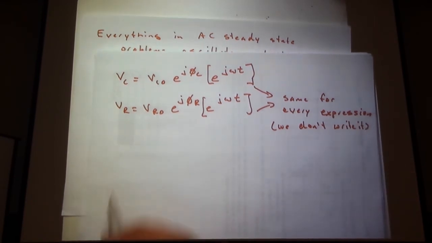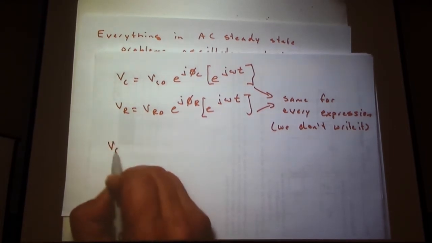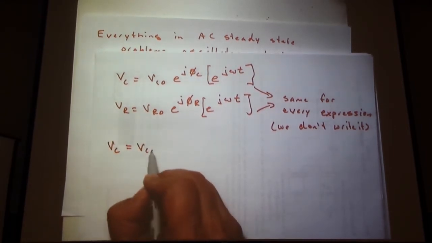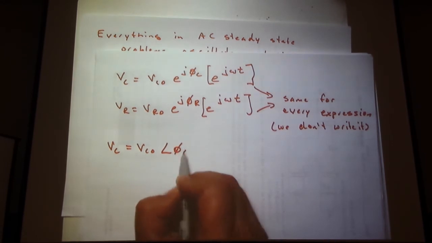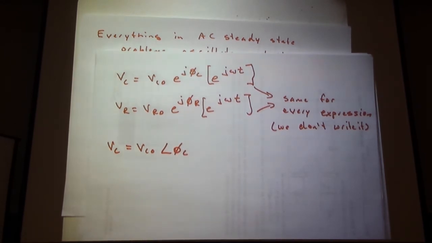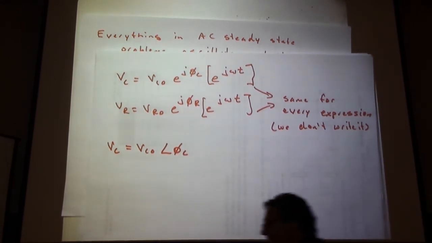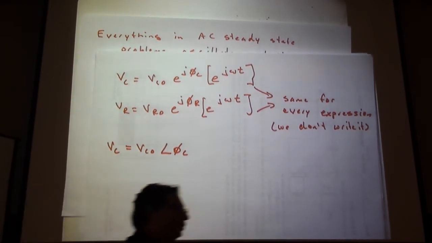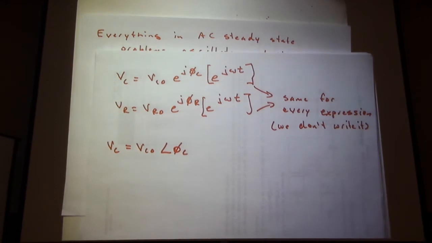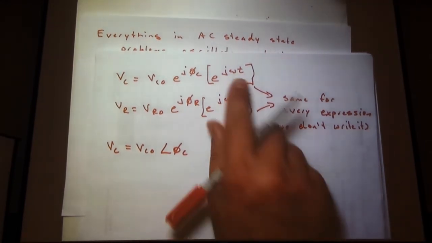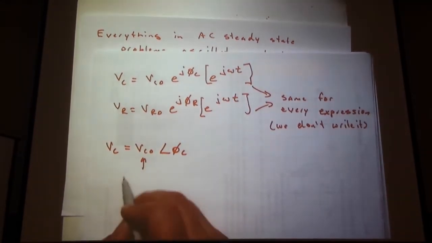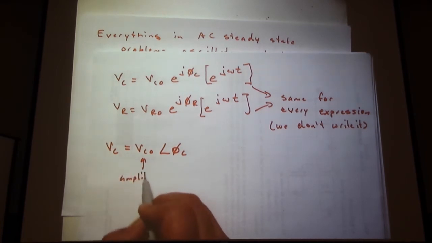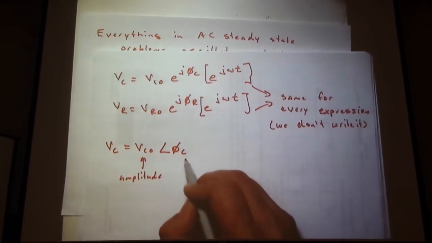So what we do is our VC is VC naught angle phi C. That's our new representation. That's how we write things. We know the amplitude, we know the phase, and the omega is given for everything. Amplitude and phase.